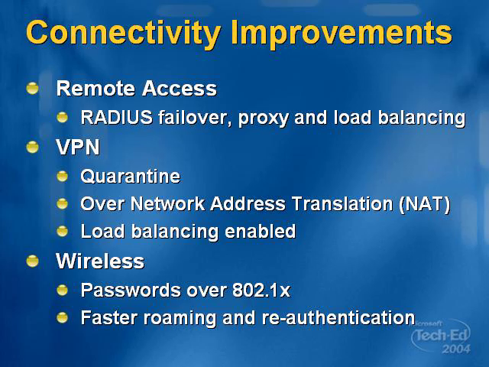Some of those include quarantine, network address translation, and enabling of load balancing via VPN. And finally, some improvements in wireless. Of course, Windows Server 2003 supports wireless, but we now have passwords enabled over 802.1x and faster roaming and re-authentication.